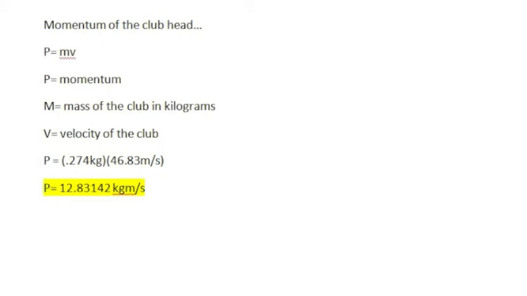Momentum equals P equals mv, where P is momentum, m is the mass of the club in kilograms, and v is the velocity of the club. Here in this equation, P equals 0.274 kilograms times 46.83 meters per second. Momentum equals 12.83142 kilogram meters per second.